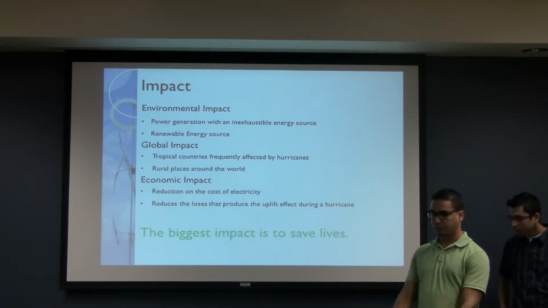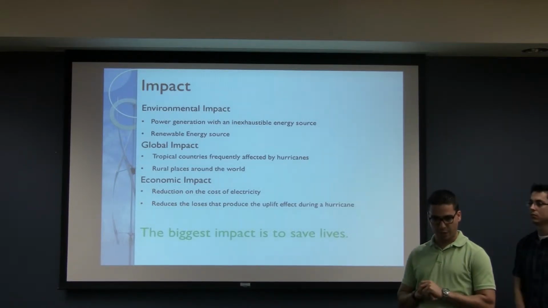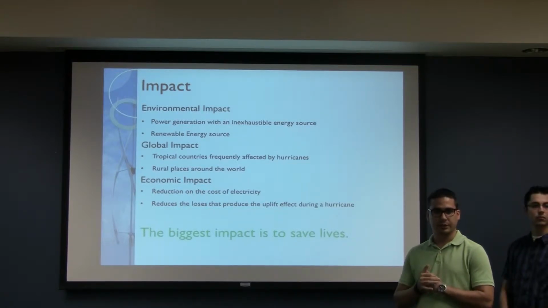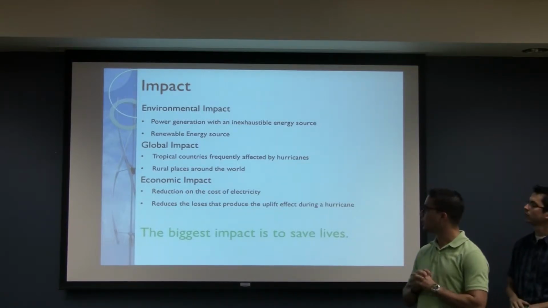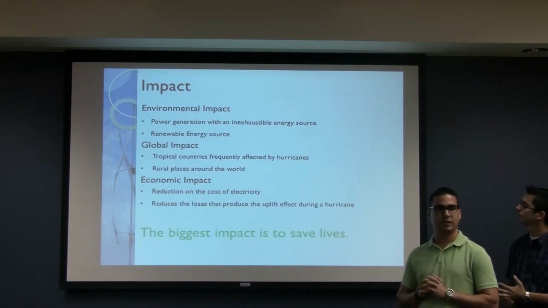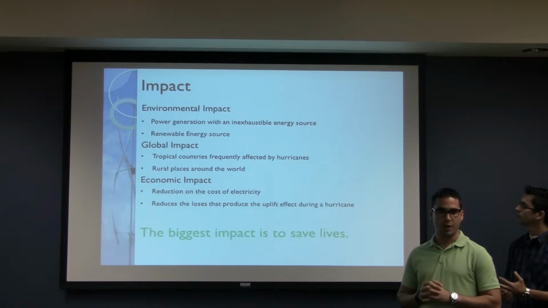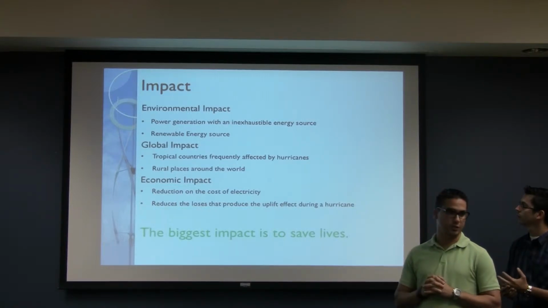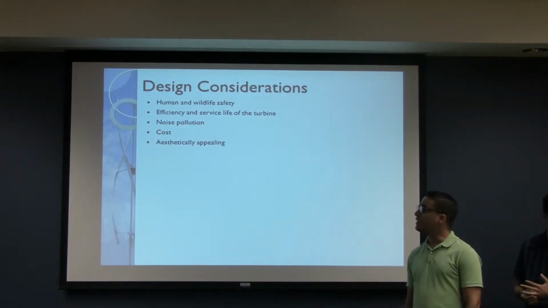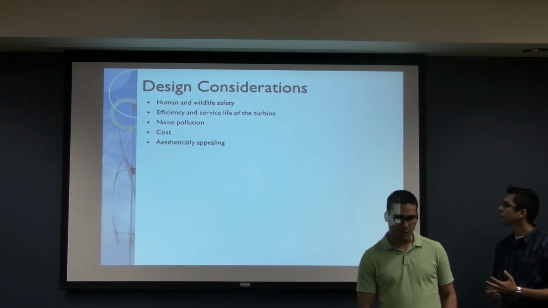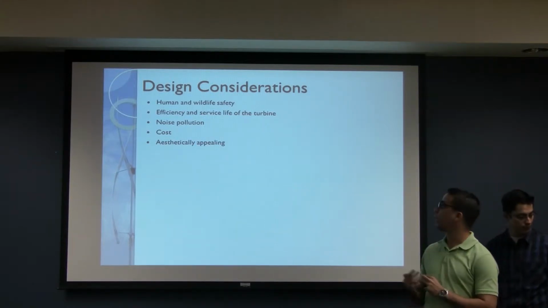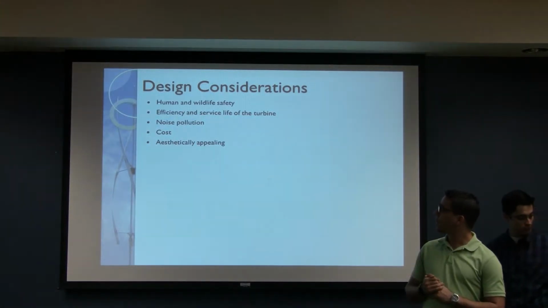We are targeting global impact in all tropical countries that are annually affected by hurricanes, and also an economic impact, since we are reducing the cost of electricity produced from the wind and reducing the losses that hurricanes generate when they impact.